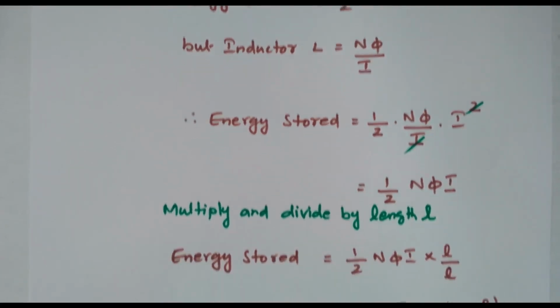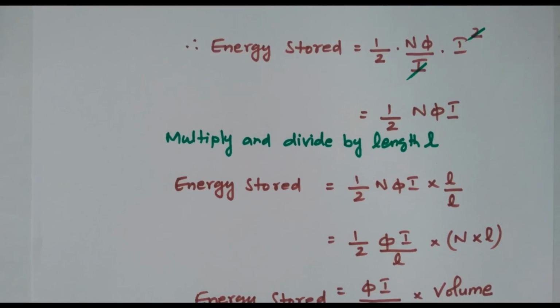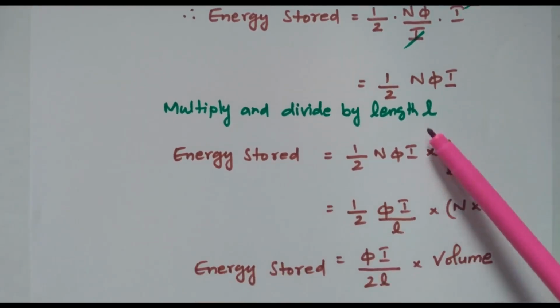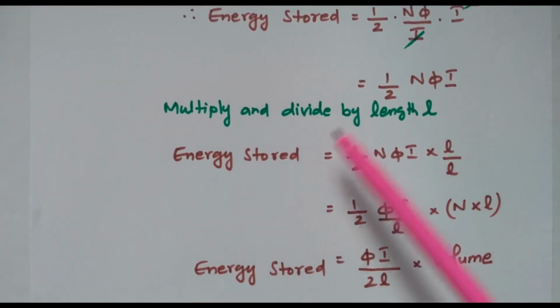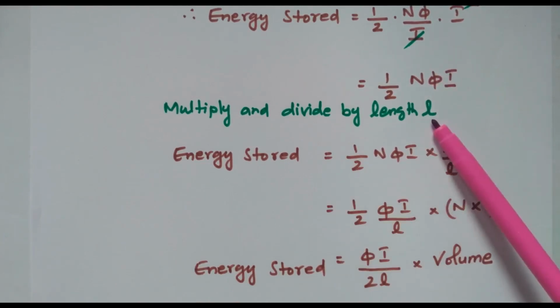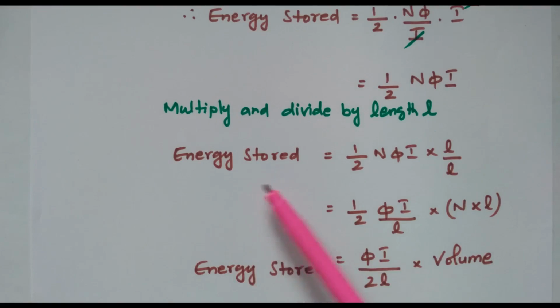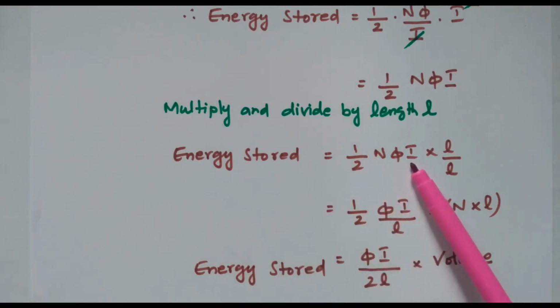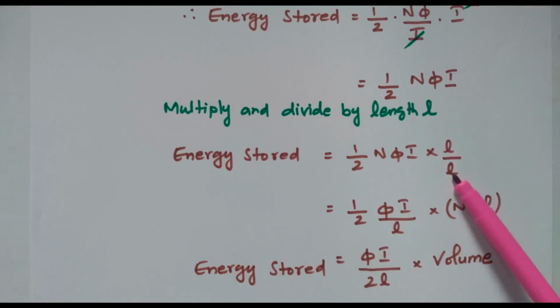In order to get the volume, we are going to multiply and divide by the length l, right? We multiply this expression and divide by the length l, so that energy stored equals half mu N square A i square into l divided by l. While multiplying and dividing, the originality will not change. Now rewrite this as 1 by 2. This N into l is written separately.